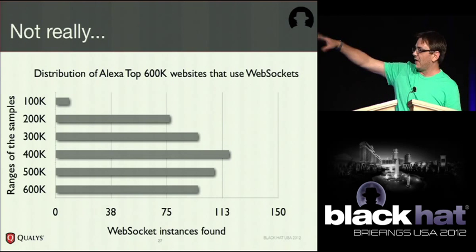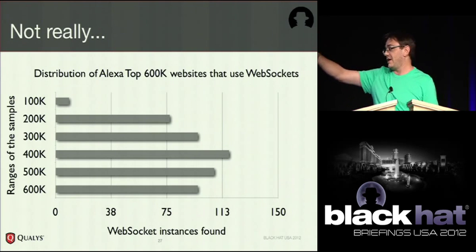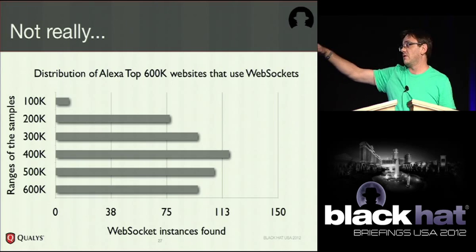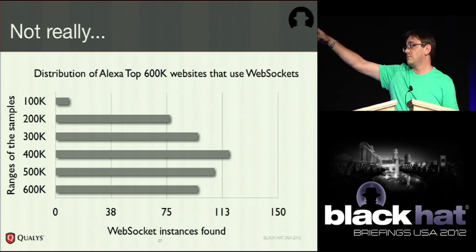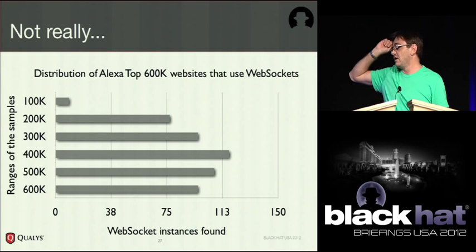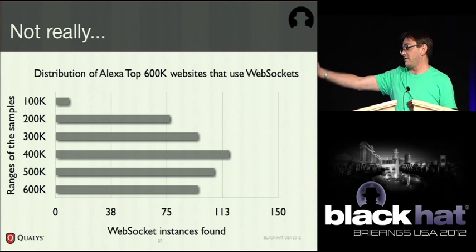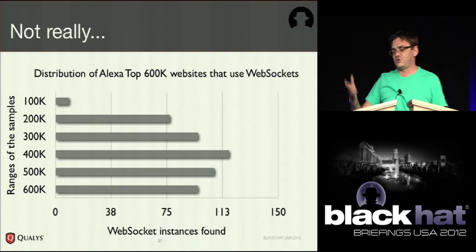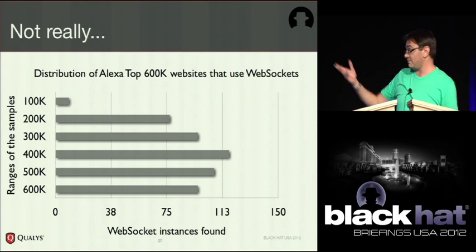These numbers on the left are ranges from 0 to 10,000, 100,000 line. In Alexa top, we pick 600,000 list. And as you can see, it's around 10, I think. Only 10 web applications are using WebSockets on their landing page.